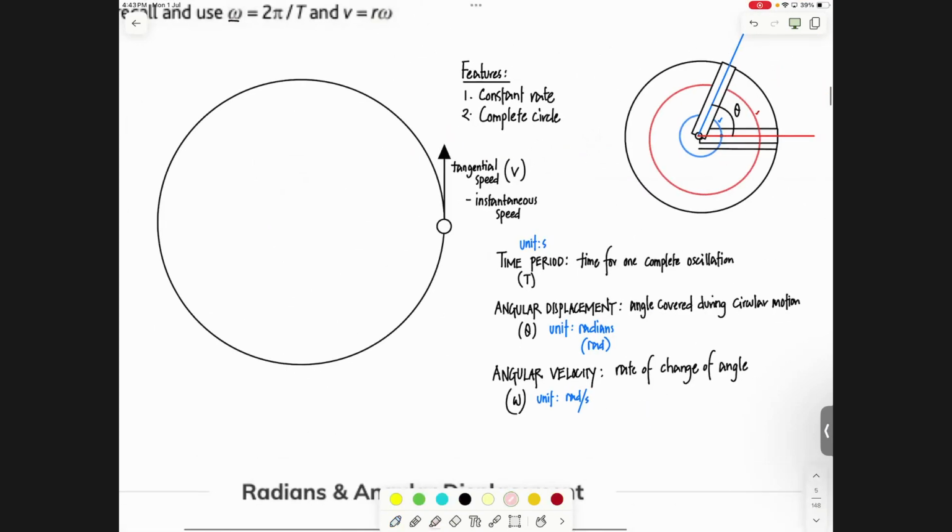So these are the quantities that you have: time period, angular displacement, angular velocity. Any questions regarding this? From now onwards, whenever we define circular motion, we will use these three. Displacement has its equivalent in angular displacement, and speed has its equivalent in angular velocity, also called angular speed. We don't have acceleration.